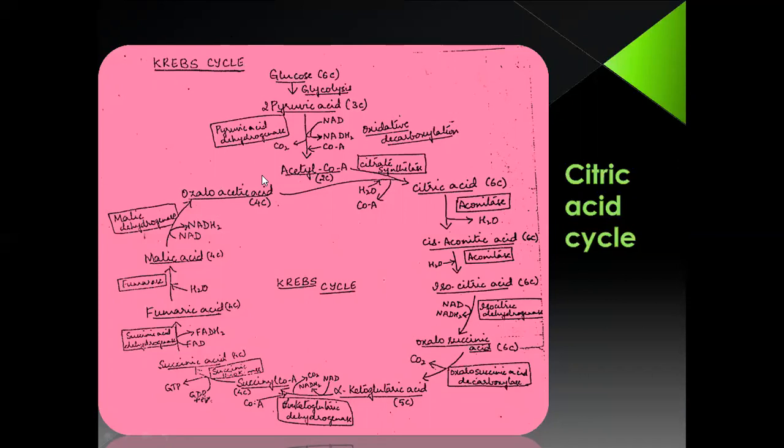This transfer takes place in the presence of water, resulting in the formation of a 6-carbon carboxylic acid referred to as citric acid, and this conversion is brought about by the enzyme citrate synthetase. This is your citrate synthetase.